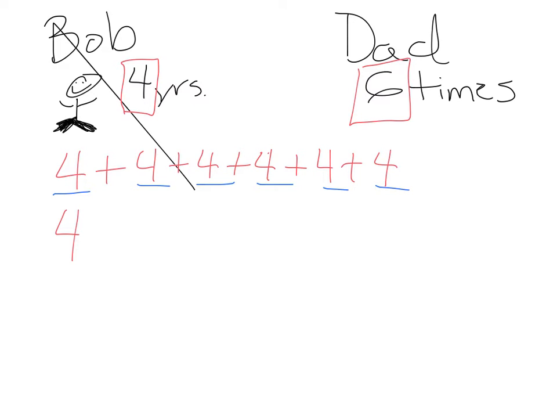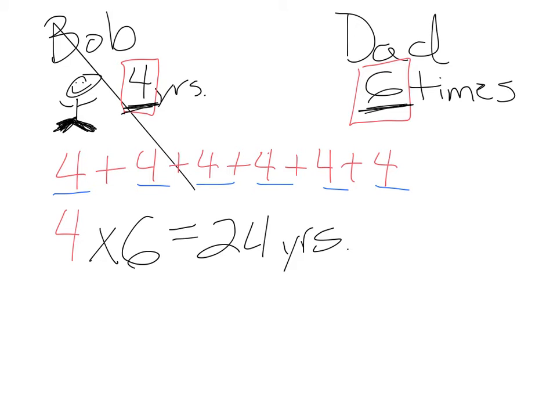So I would say 4 times 6, which you can see we took the 4 and we took the 6. All right, so right there, this is my equation. I have the fact that his dad is 24 years old.